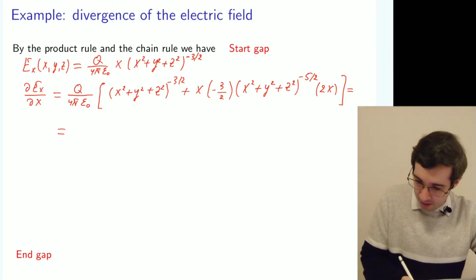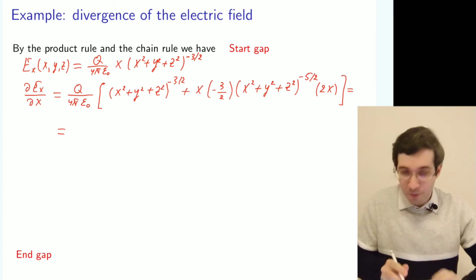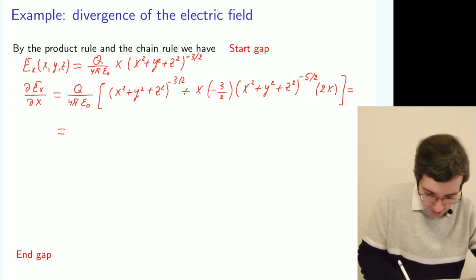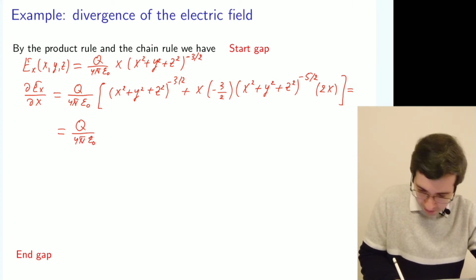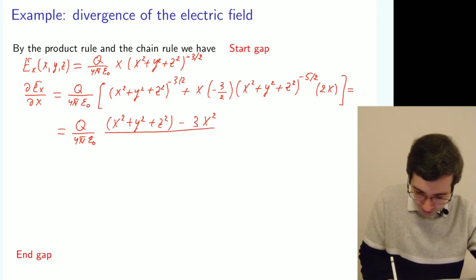And if we simplify it and write this with the common denominator, we will see that it becomes q over 4 pi epsilon naught times x squared plus y squared plus z squared on one hand, minus 3x squared in another term, and the denominator is x squared plus y squared plus z squared to the power of 5 over 2.